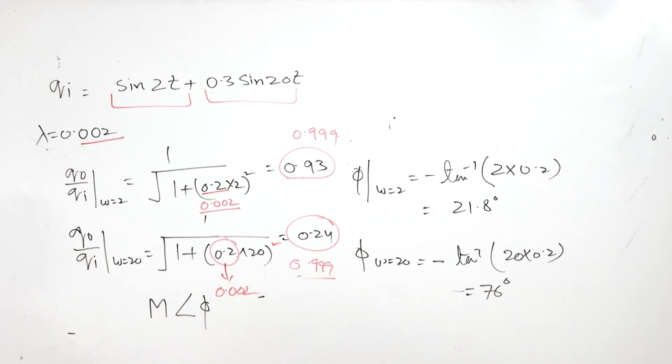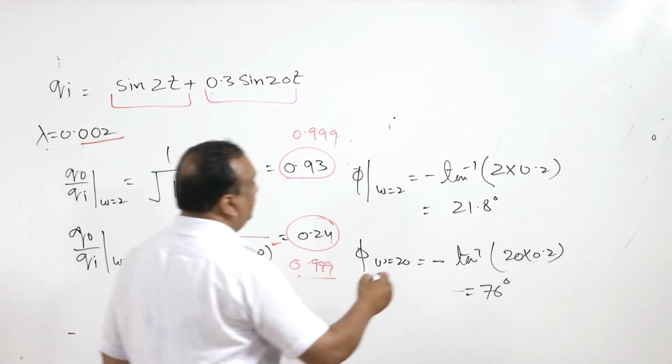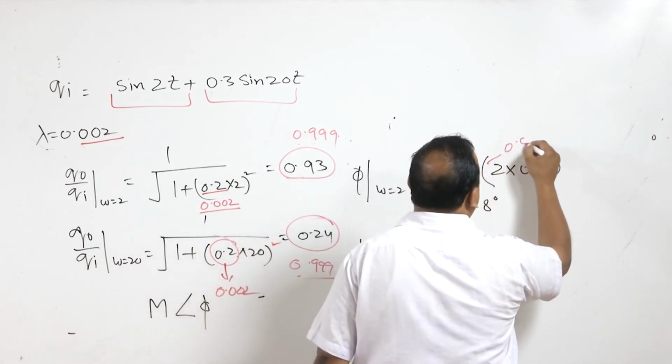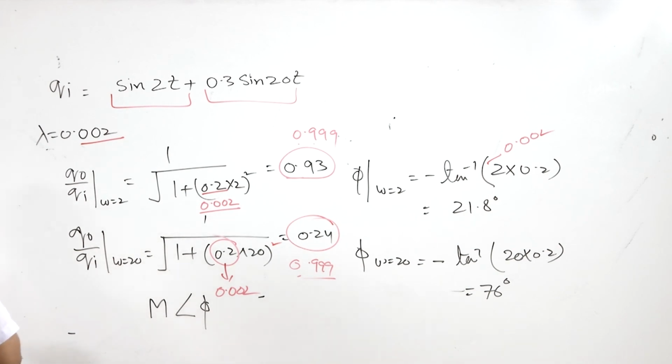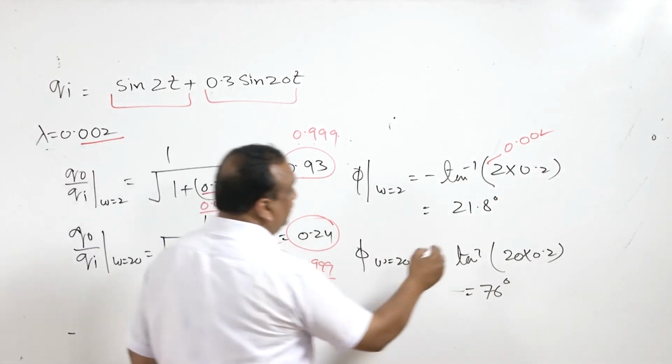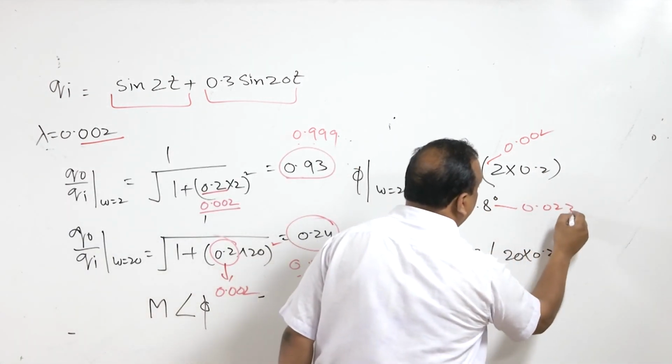And regarding phi, it is going to be tan inverse of 0.002 into 0.2, which gives 0.023.